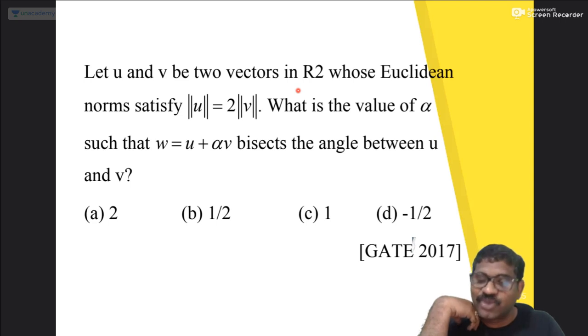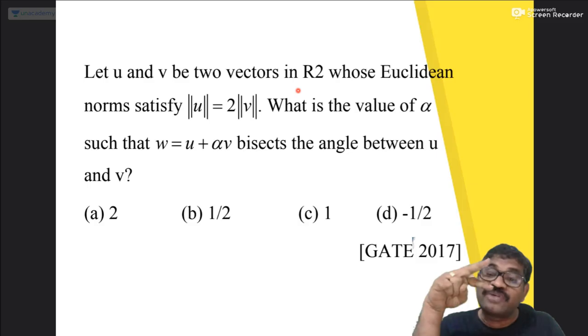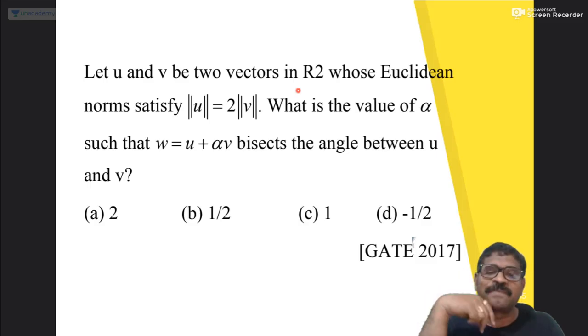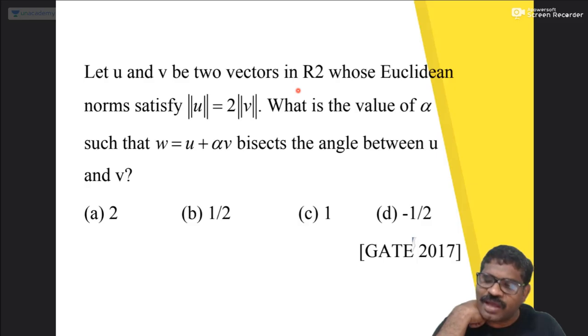Length of vector U equals 2 times length of vector V. Euclidean norm, length, all are the same. What is the value of alpha such that W equal to U plus alpha V bisects the angle between U and V? Observe here.